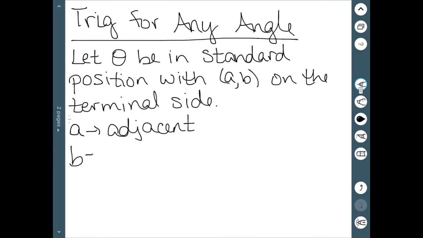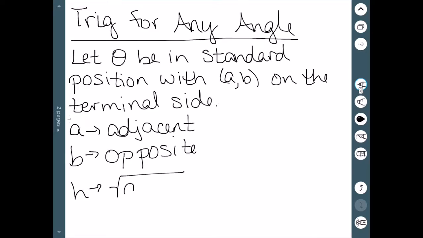And b, the second coordinate, acts just like the opposite side. Your hypotenuse is going to then be given by the Pythagorean theorem, the square root of a squared plus b squared. And using this, we can find all of our trig values.